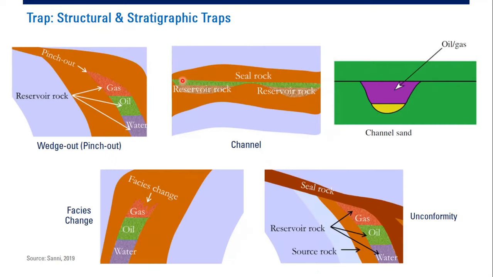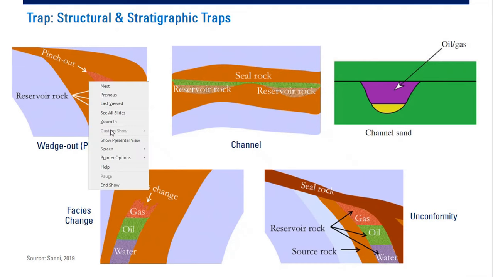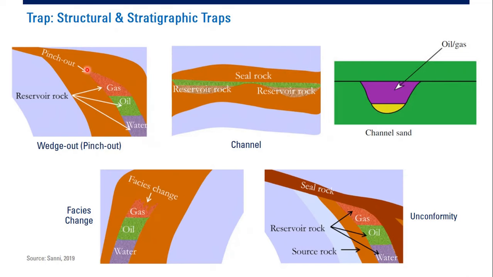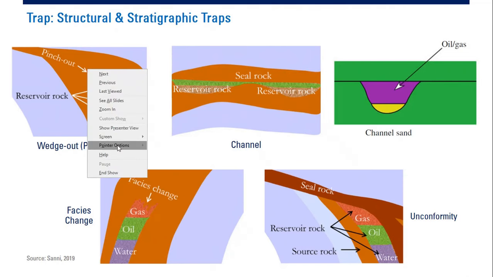Another kind of trap, we call it structural and stratigraphic traps. Some of them are pinch out. So we have gas, oil, water. We call it pinch out because the reservoir stops there.